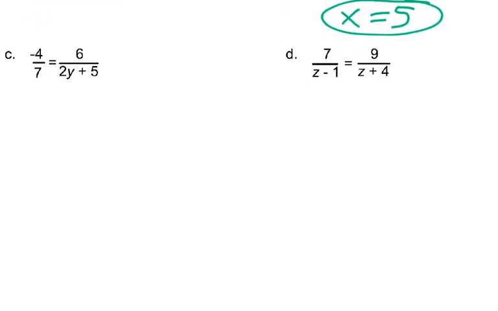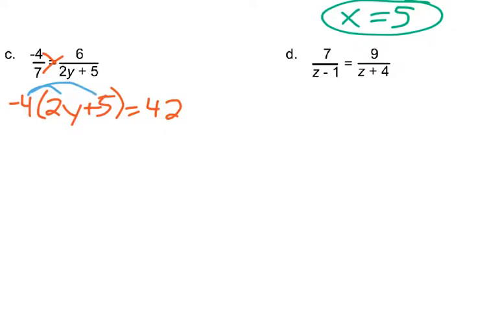Alright, 2 more. So here we're going to do negative 4 times 2y plus 5 is equal to 7 times 6, which is 42. But again, we distribute, and we're distributing a negative 4, not just 4, but a negative 4. So that gives us negative 8y minus 20 is equal to 42.